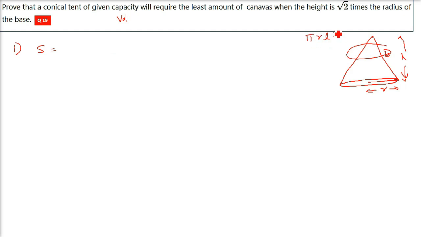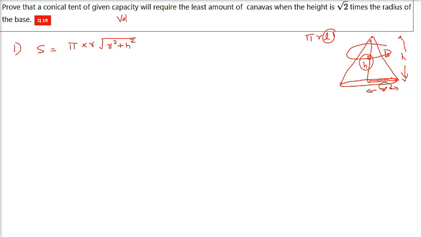L is the slant height, and because this is a right circular cone, the L will be equal to under root h square plus r square. So pi into r into L, in place of L just replace it by the Pythagoras theorem value, which is under root r square plus h square. So I'm writing it directly.